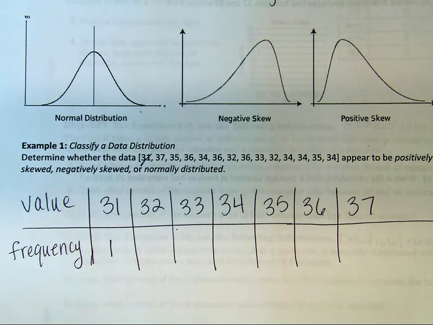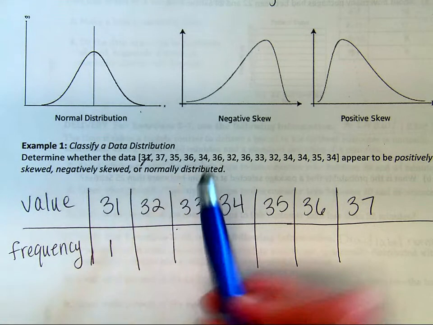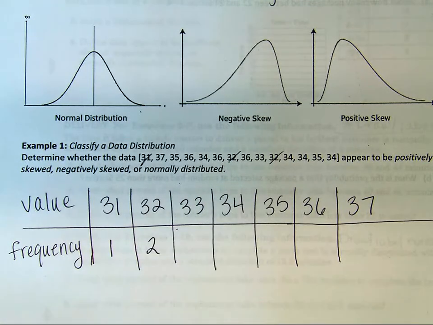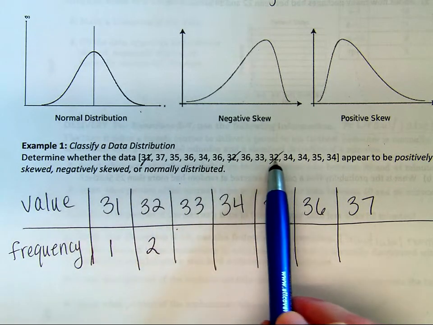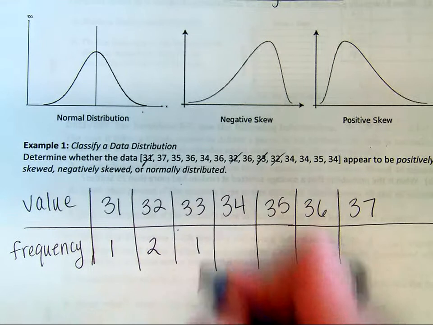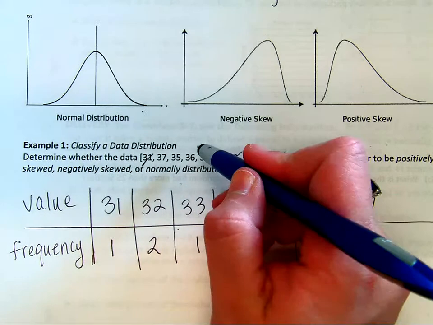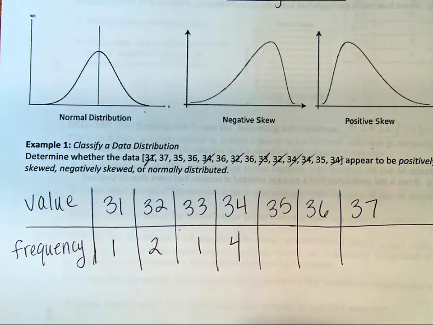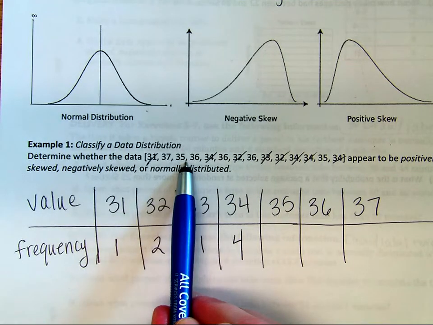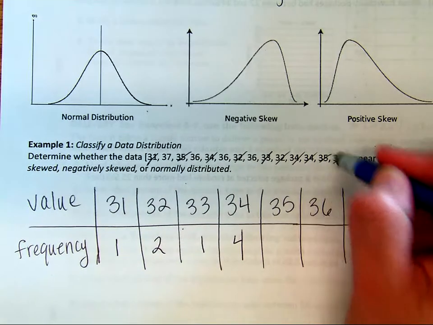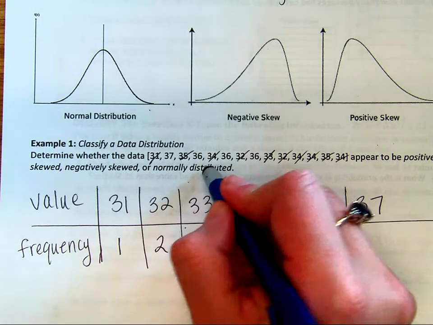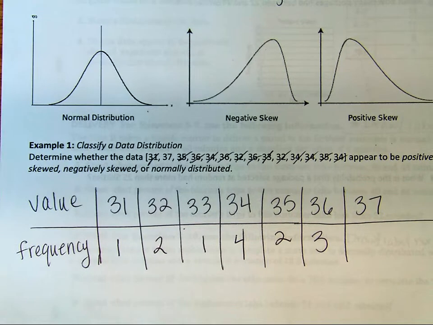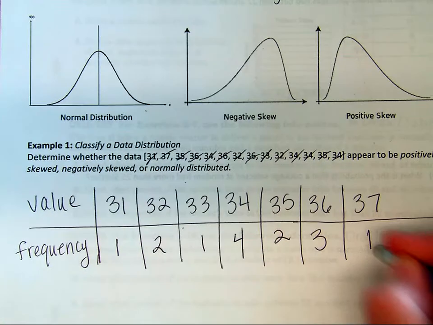So the frequency is 1. 32, 1, 2 times. 33, just once. 34, got 1, 2, 3, 4 times. 35, 1, 2 times. 36, 1, 2, 3 times. And 37 is on there once.